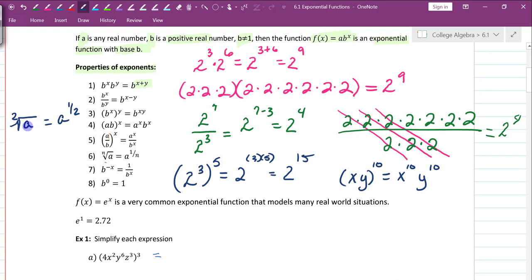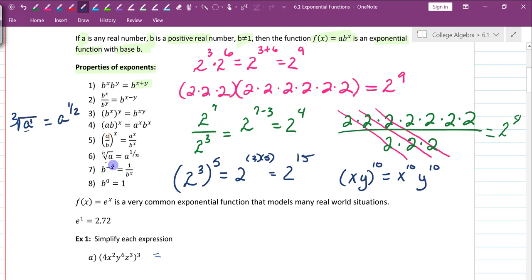You know that the square root of a is equal to a to the 1/2, which would be 1. So your 1 would go right here. So just use that as a map to help you undo whatever needs to be changed from this position into this position. Number 7, b to the negative x.